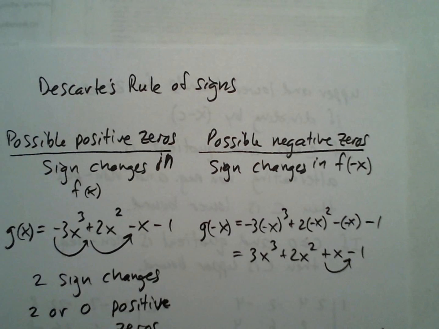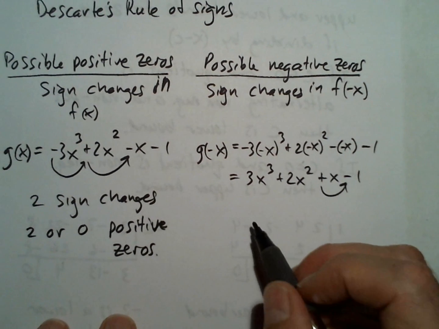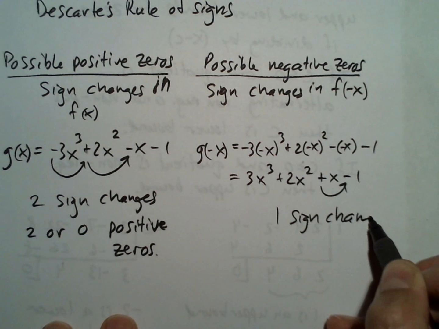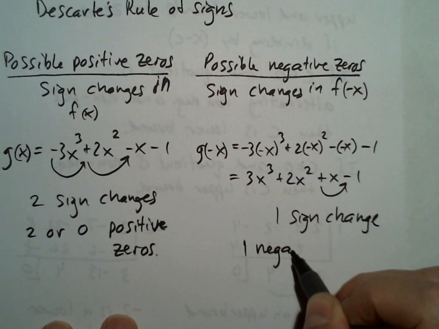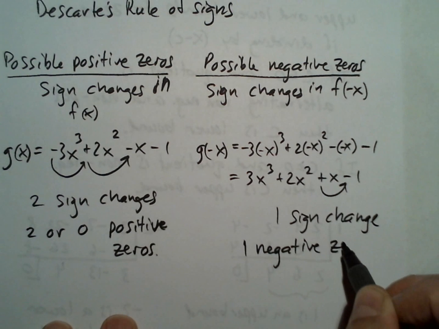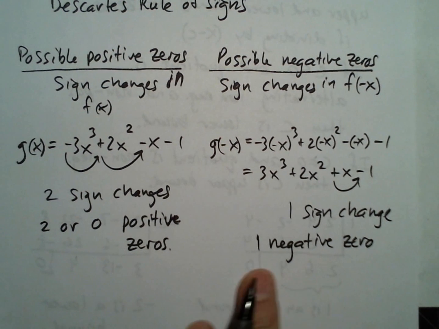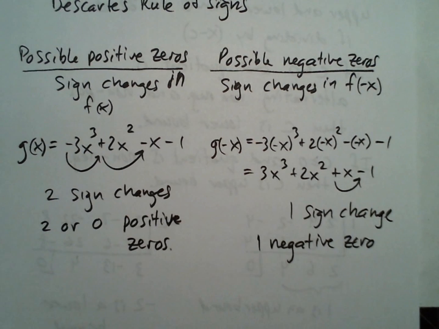We only have one sign change. So that means we have 1 negative zero. And that's helpful because once we find one negative zero, we don't look for more. And I'd say that's more helpful than this, because here we could have, well, I guess they're about equal.